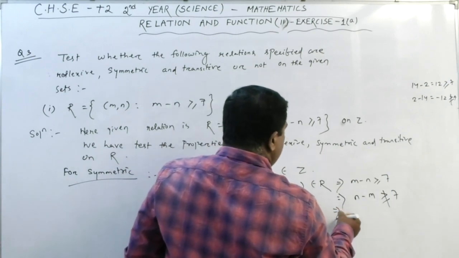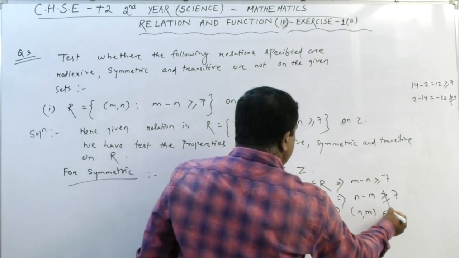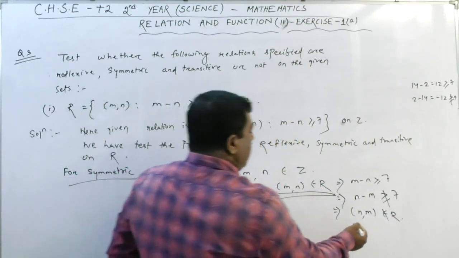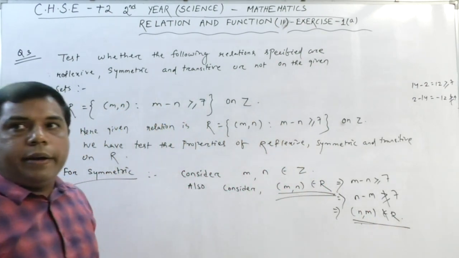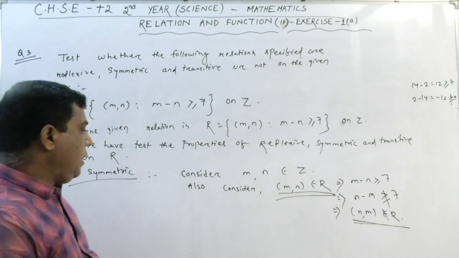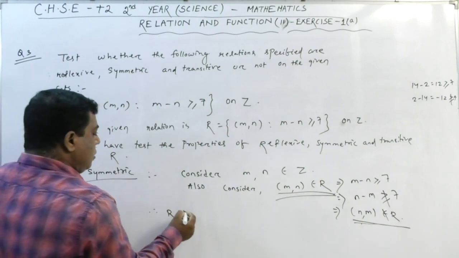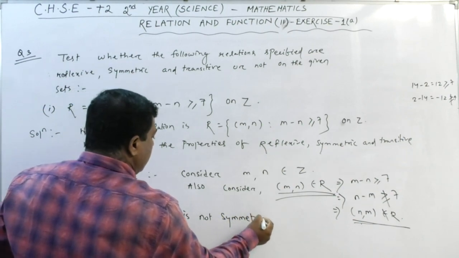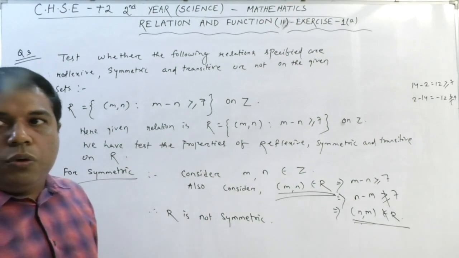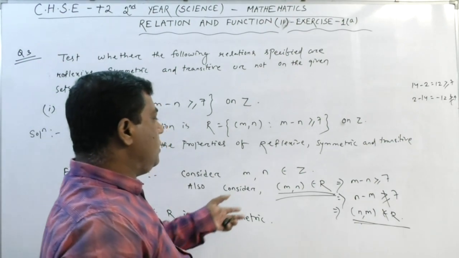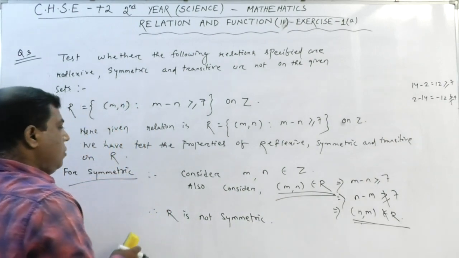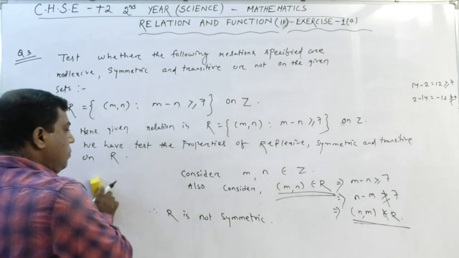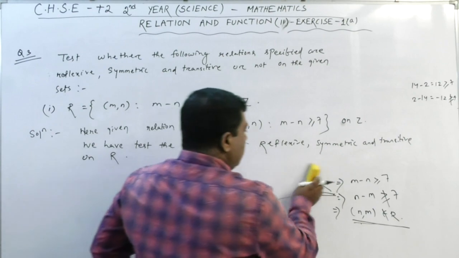That implies the reverse pair (n, m) does not belong to R. So (m, n) belongs to R but (n, m) does not. Therefore R is not symmetric. Now we are going to test the transitive nature.